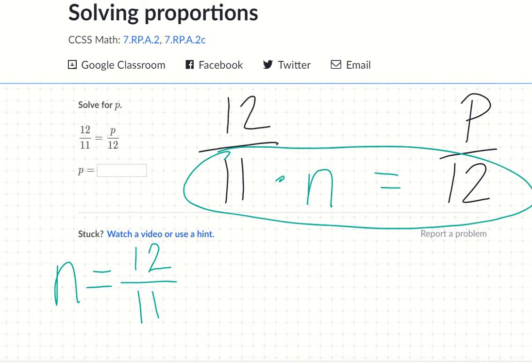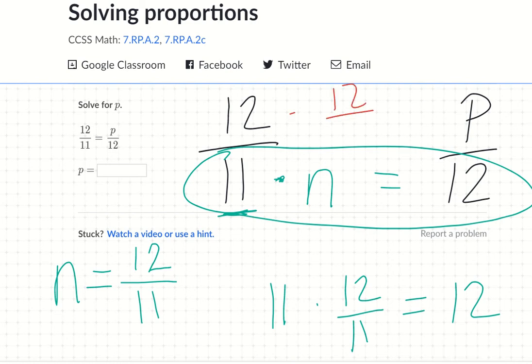So since I divided 11 by 12 elevenths, I'm going to, oh, sorry, misspoke. Since I multiplied 11 by 12 over 11 to get 12, I am going to multiply this numerator by the same 12 over 11.